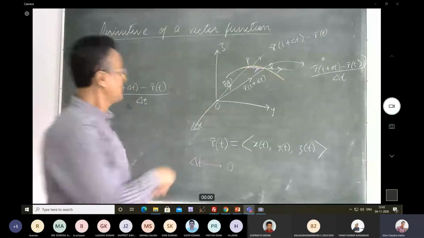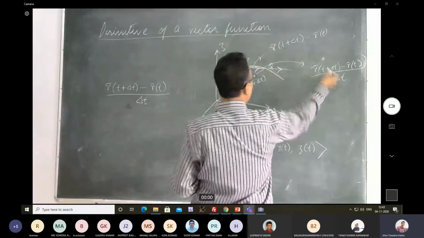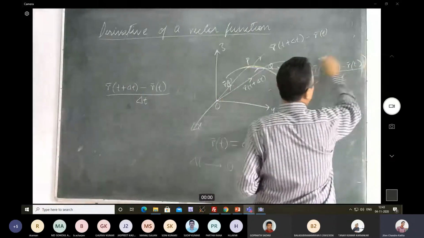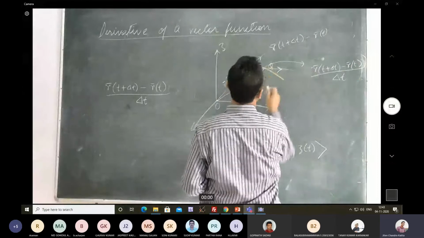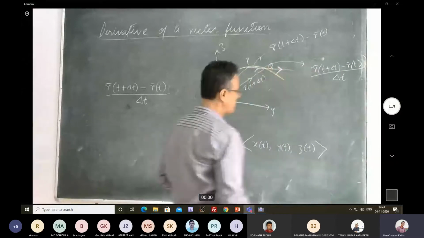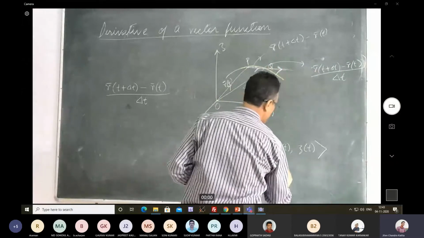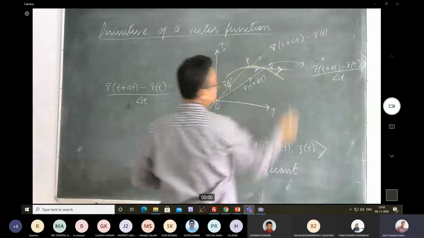Now what is happening? If you look at this vector, it has gone beyond the point Q. So this is going to act as a secant to this curve.